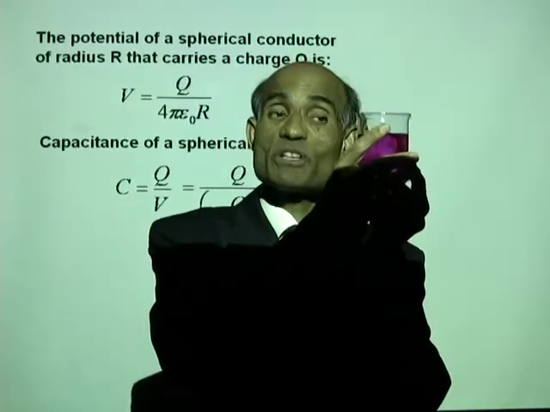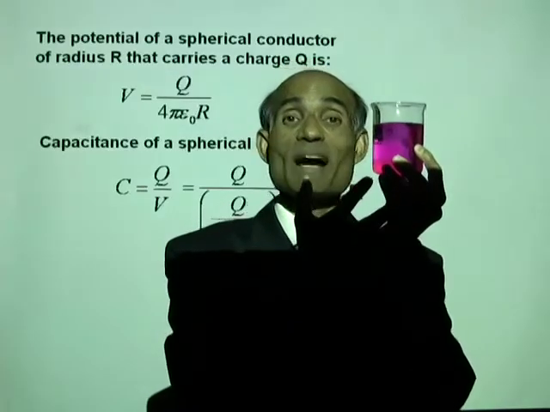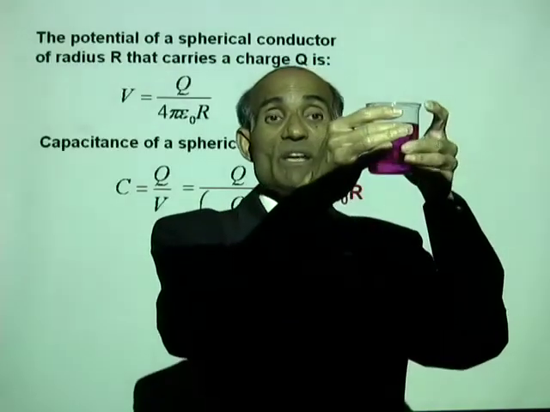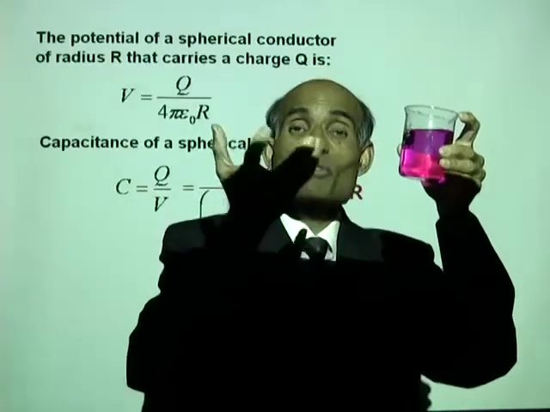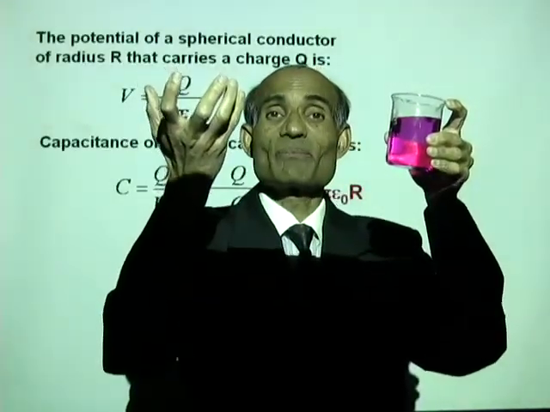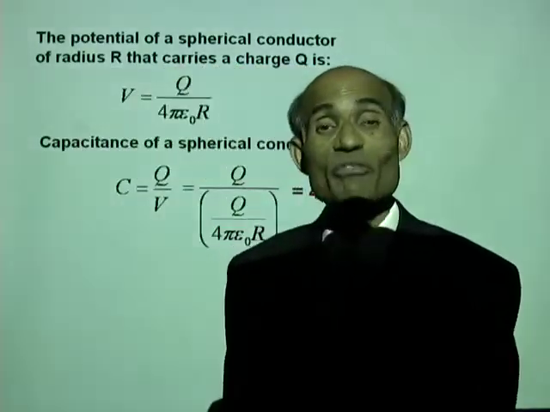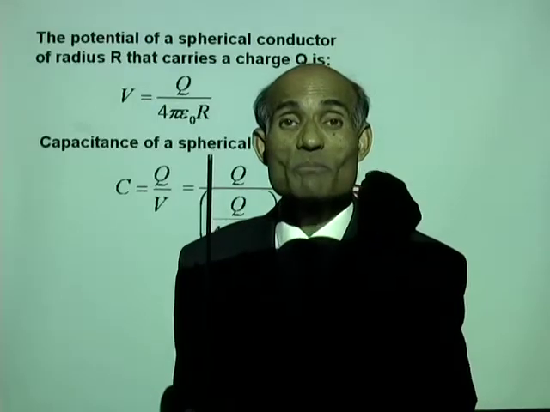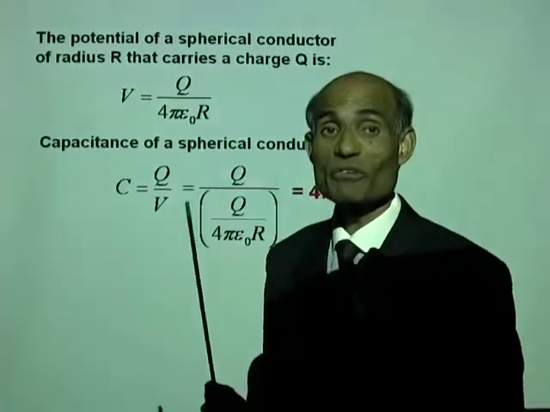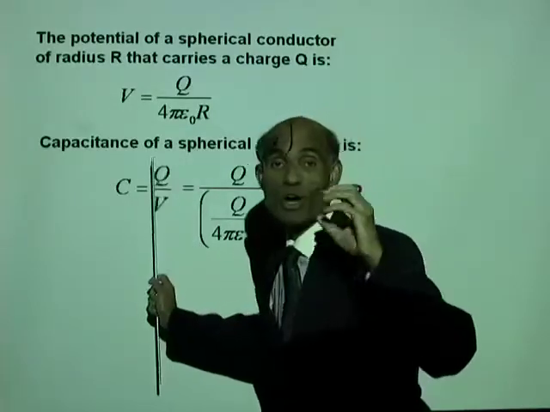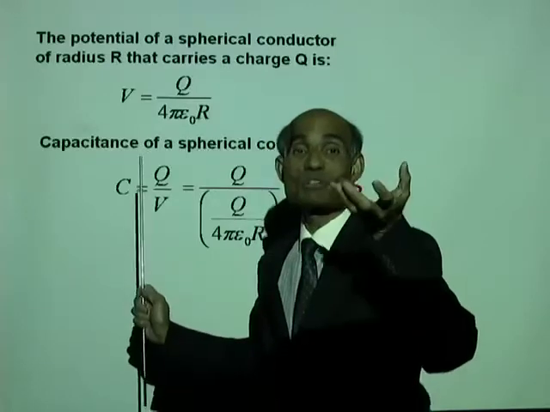The capacity of the container depends only on its physical dimensions. In fact, if I increase the diameter of this container, I increase its capacity. In the same way, capacitance of a conductor only depends on its physical dimensions. The capacitance of a conductor does not depend on the amount of charge you put in or the potential difference.